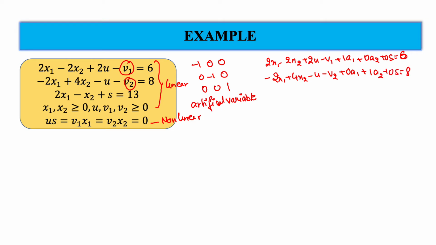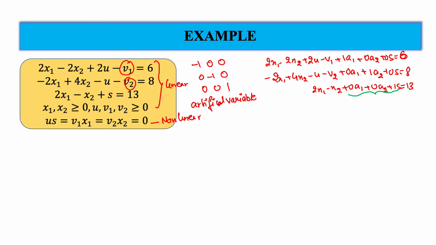And similarly 2x1 minus x2 plus 0 a1 plus 0 a2 plus 1 s is equal to 30.